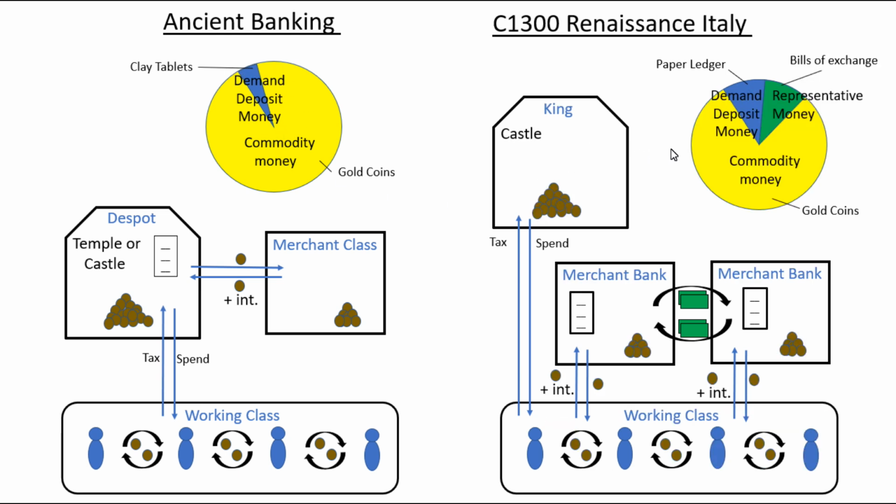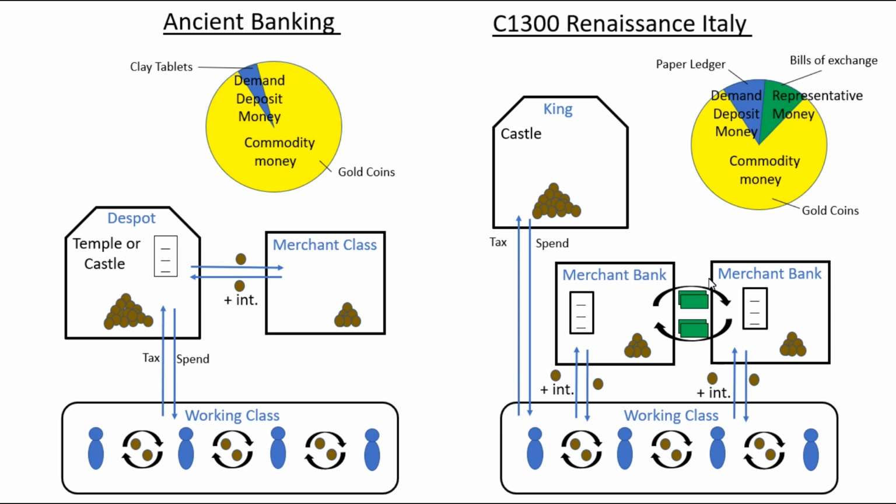So then if we move forward to Renaissance Italy, there are more working class or normal people starting to use money by this time. Less of the population were essentially agricultural slaves, but the majority of the money swilling around was still commodity money. It was gold coins. However, what had happened by now was that you had a merchant banking class. So you had merchant banks which were trading with each other, and because they didn't want their gold to be stolen when transiting different city states, they used bills of exchange.